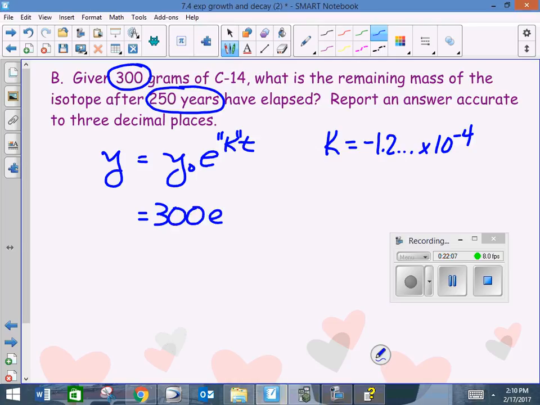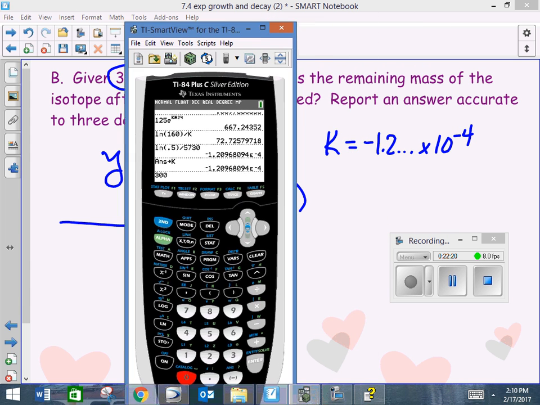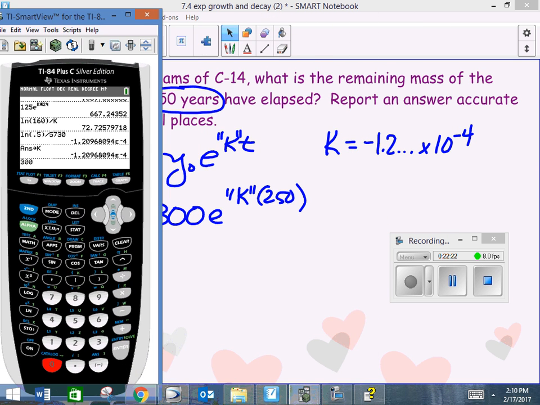Everything else is filled in, so you just have it. I was thinking it had to be tiny, but it's huge. It's going to take you a long time to get to the 300. Yeah. Alpha K times 250.